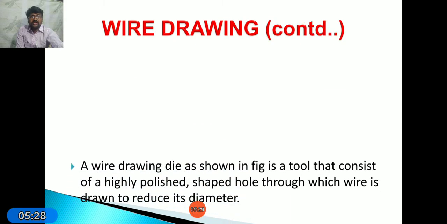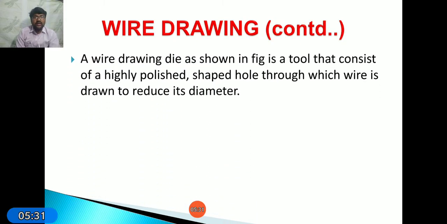Next, a wire drawing die, as shown in the figure, is a tool that consists of a highly polished shaped hole through which the wire is drawn to reduce its diameter. Like that we have to finish the internal surface of the die.